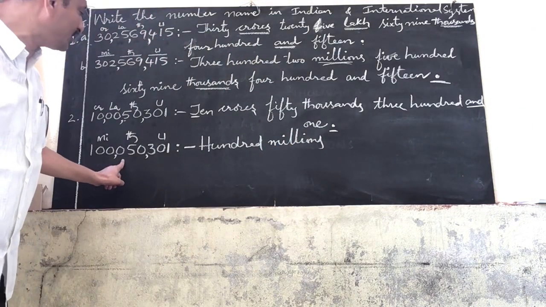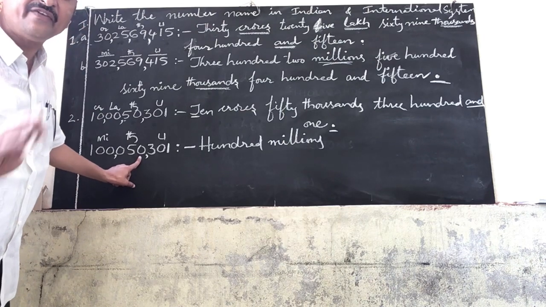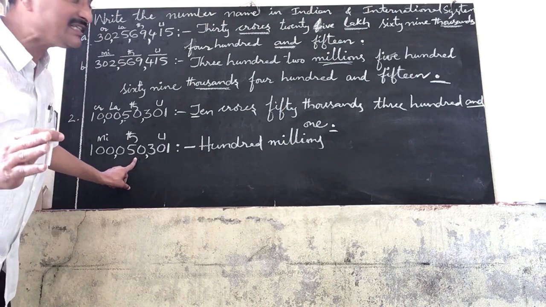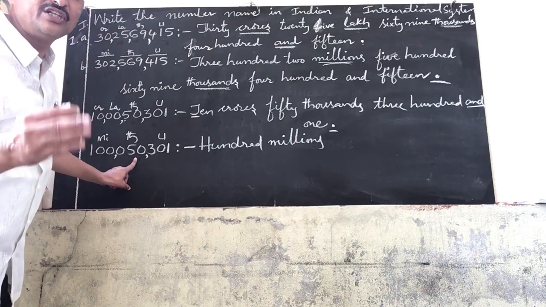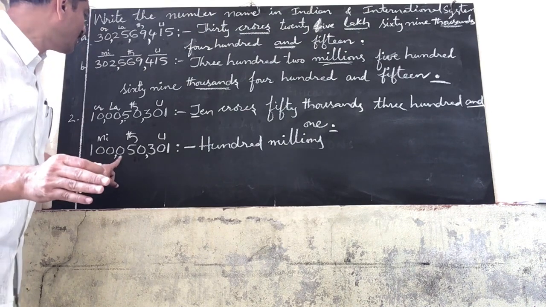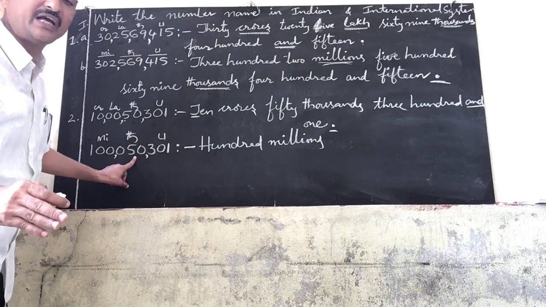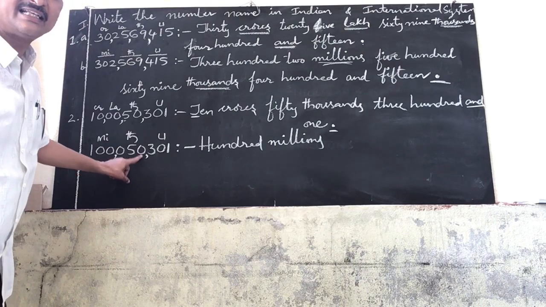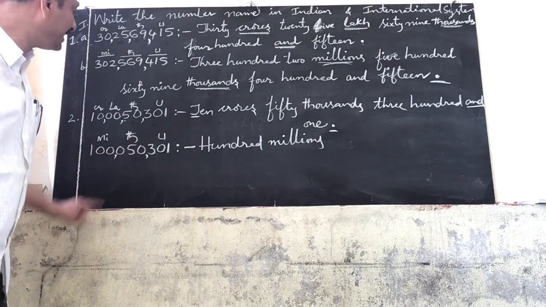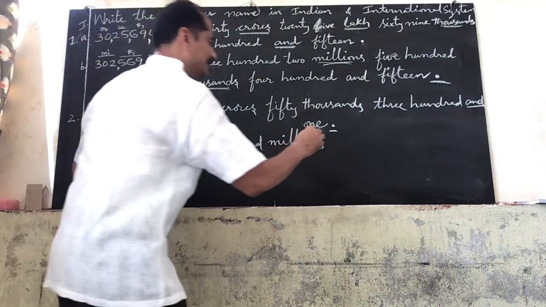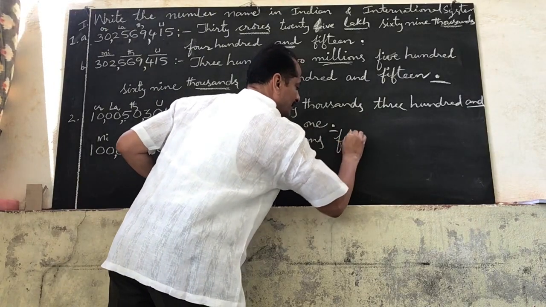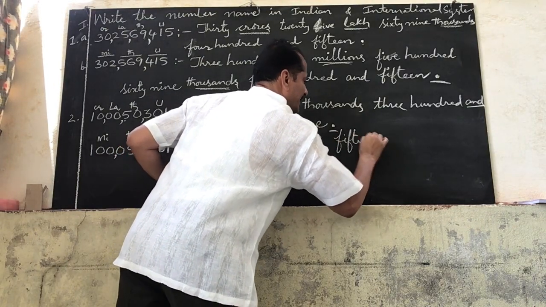In the thousands period we have 050. 050 is 50, 500 is 500, 005 is 5. So only 50 we have. Add the name of the period, thousands: 50,000. So write down here like this.